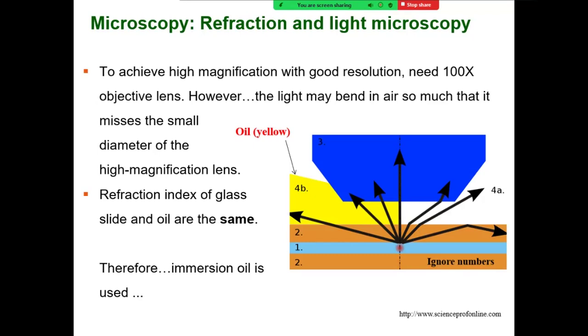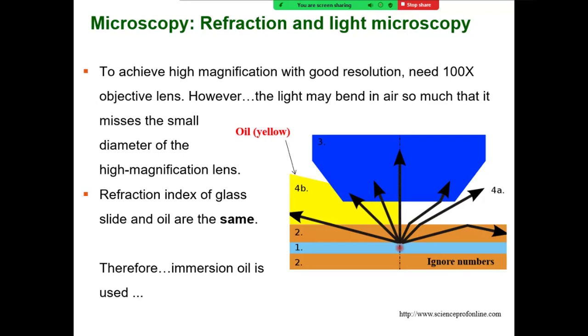So fewer rays of light can be captured by the objective lens when we're using air as opposed to oil. Because oil allows us to capture more light, we get better clarity and better resolution.